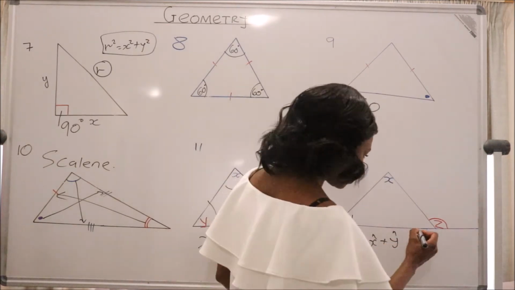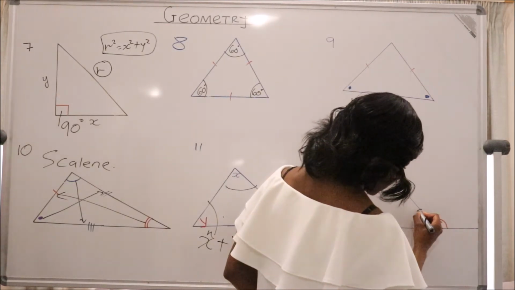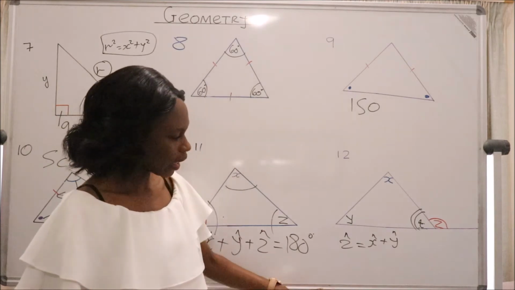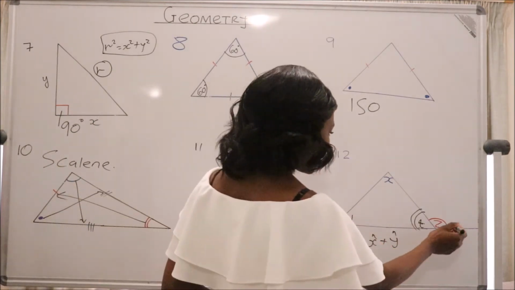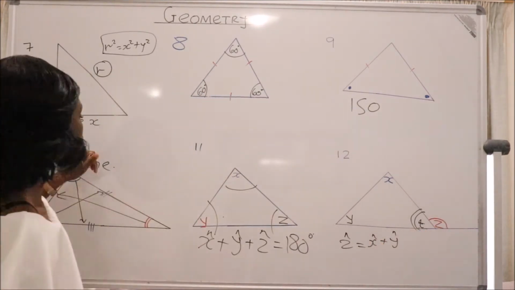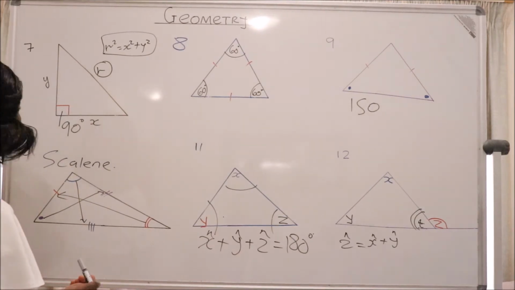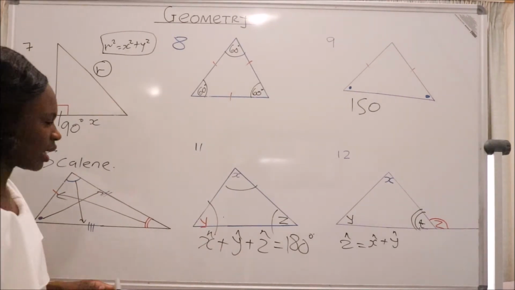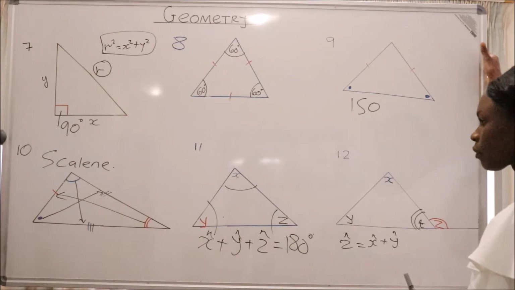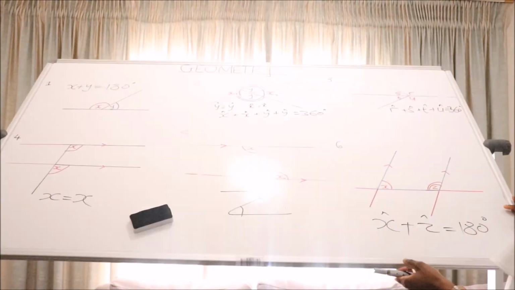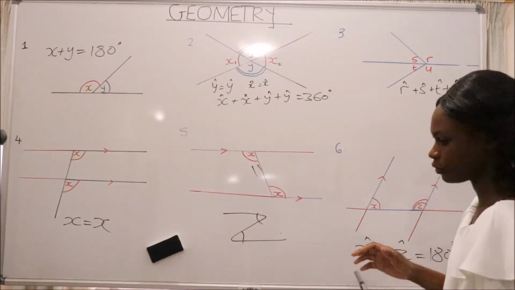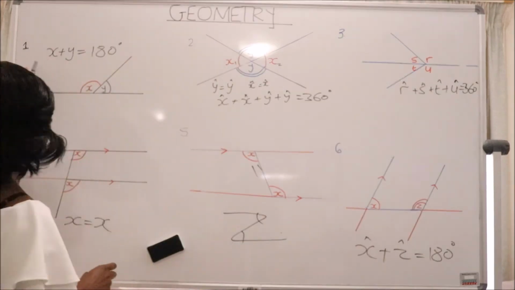All right, and then if you can check something here, guys, if we have another angle, let's say this angle here is equal to t, with this t you can see that we are now applying another rule, which is the first rule that we did. Remember the first rule that we did, that adjacent angles on a straight line are equal to 180 degrees.